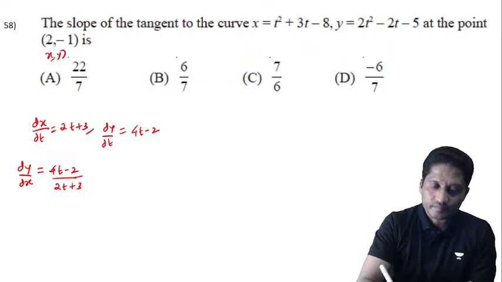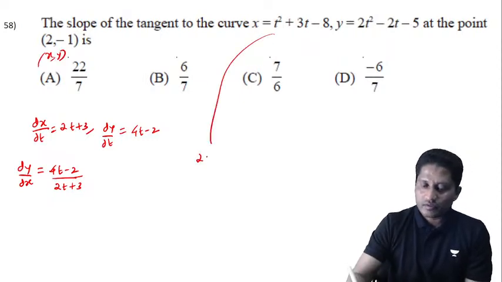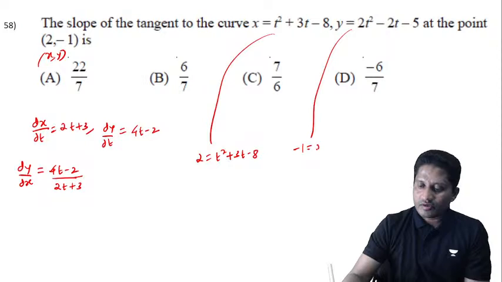If I substitute here, you get 2 is equal to t square plus 3t minus 8. And if I substitute here, minus 1 is equal to 2t square minus 2t minus 5. So t square plus 3t minus 10 equal to 0.